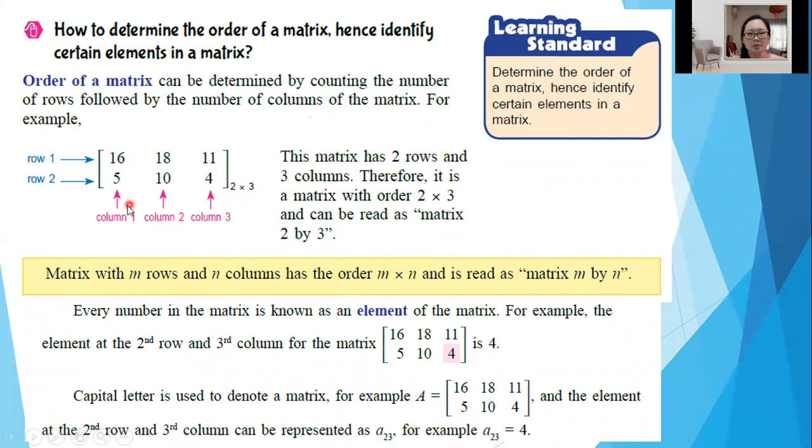Third column, so we have the first column, second column, and third column. So we found that second row, third column, we spot the 4 here. So the element at the second row and third column will be 4.